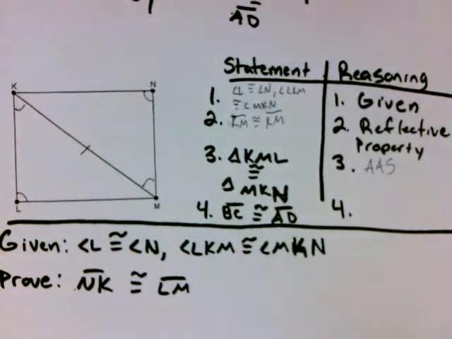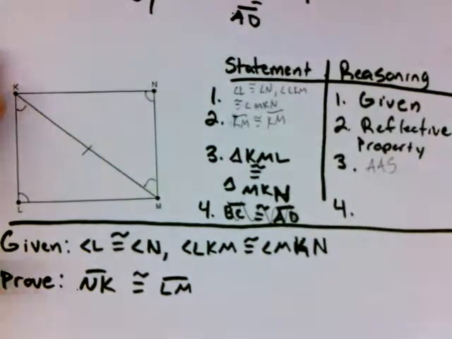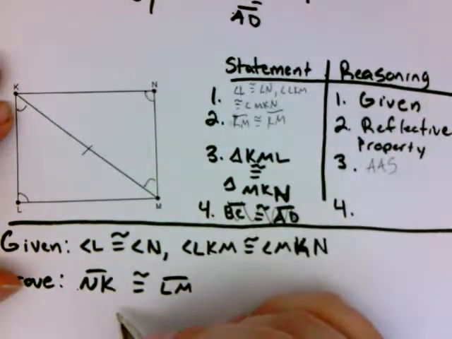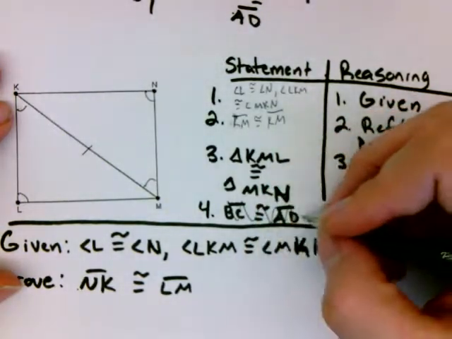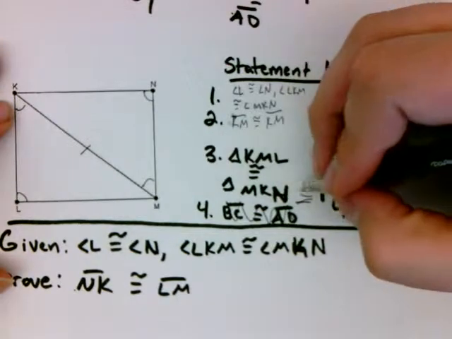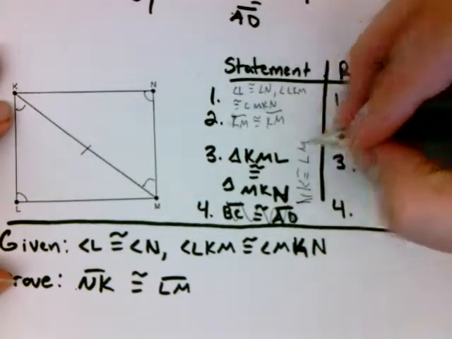And now we know that BC, that shouldn't be BC and AD. That should be NK and LM. So NK is congruent to LM.